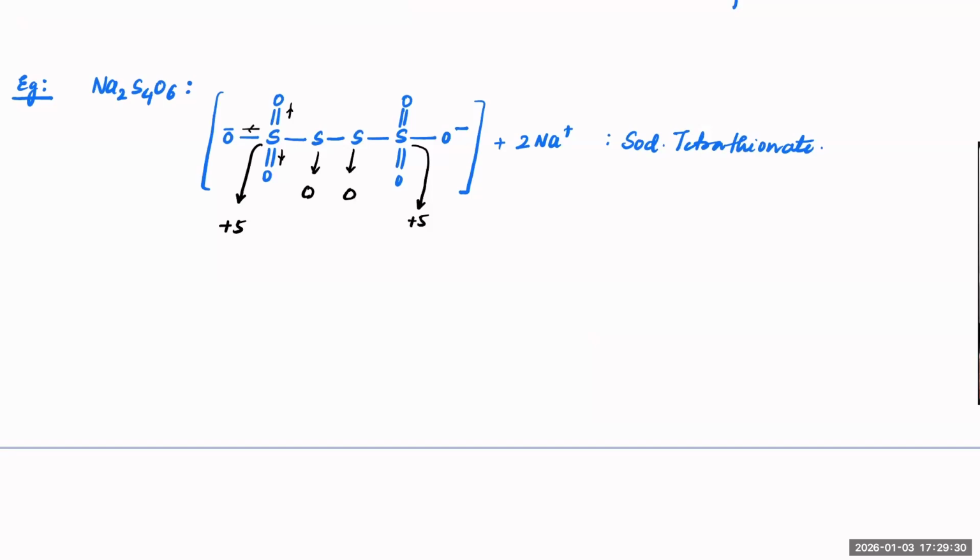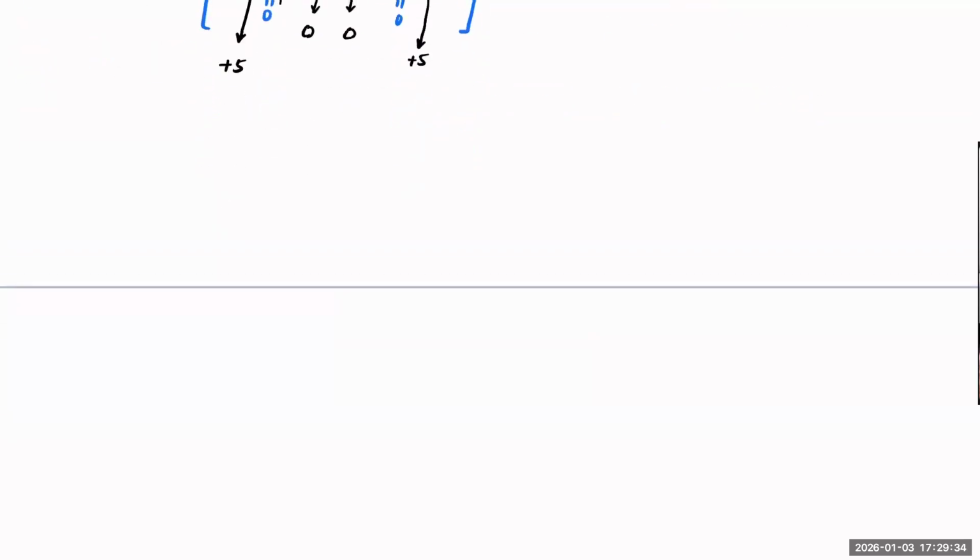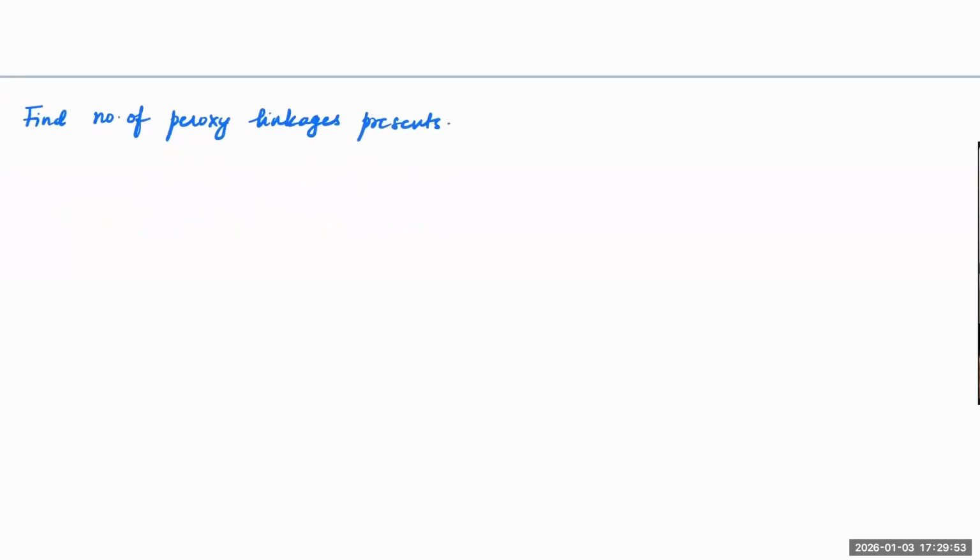Now, there would be questions that might be asked to find the number of peroxy linkages present. How many linkages are present? Let me take one example and show you.